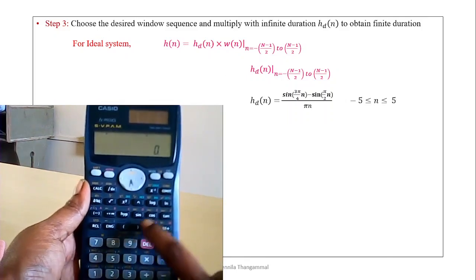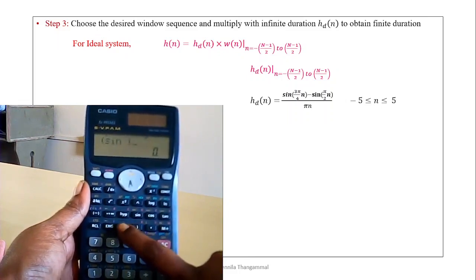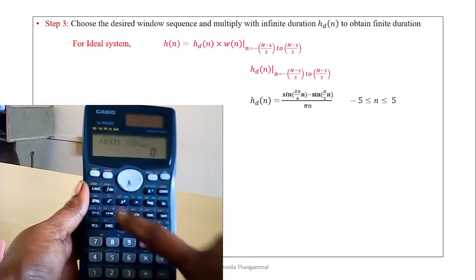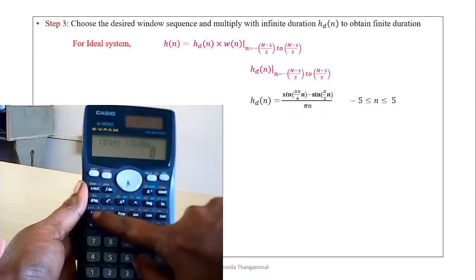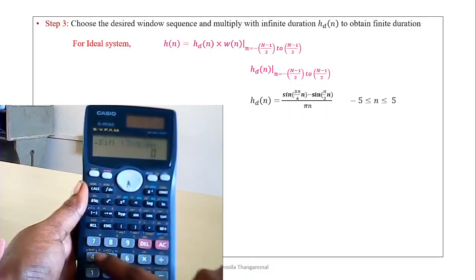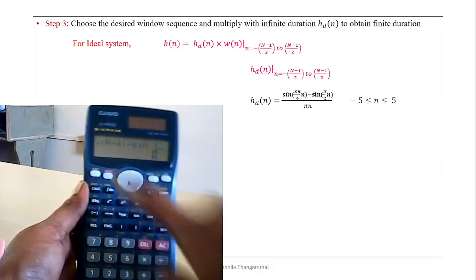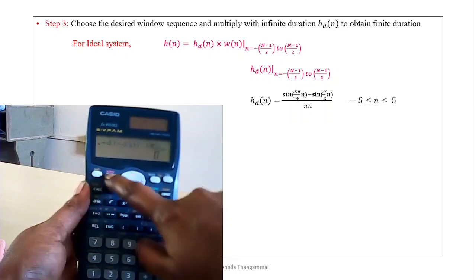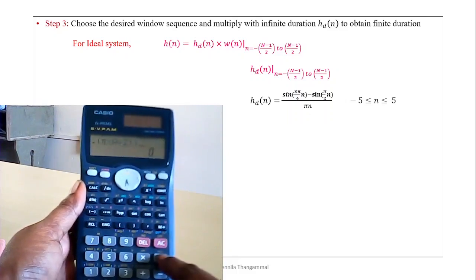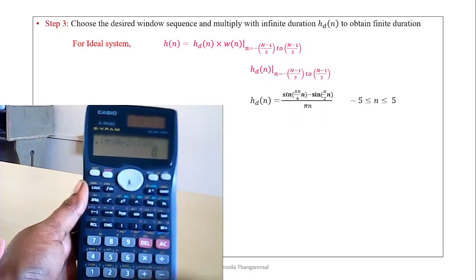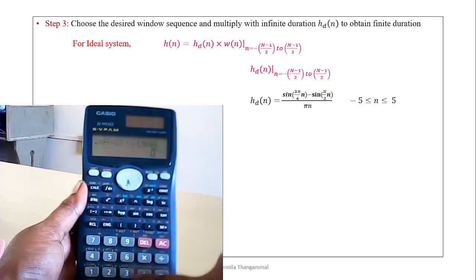Type the value as such: open bracket sin, open bracket 3 into pi into n, with n entered using shift alpha, divided by 4, close bracket, minus sin open bracket pi into n divided by 2 close bracket, close bracket, divided by open bracket pi into n close bracket.